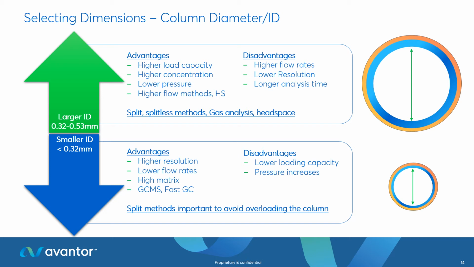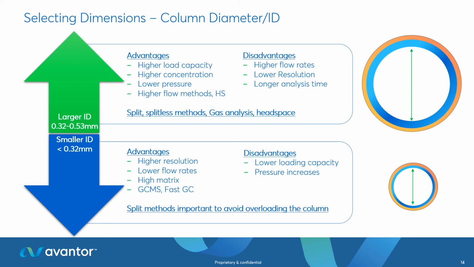However, because of the larger internal diameter, we require higher levels of gas. It will also provide a lower resolution because of the Golay equation, and potentially it could also give us longer analysis times.